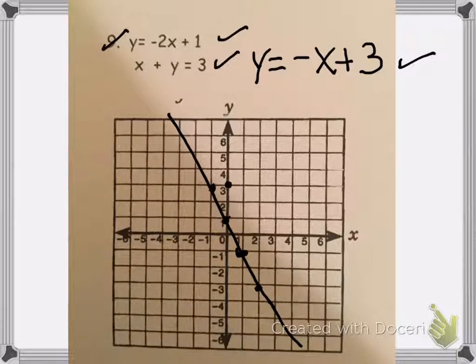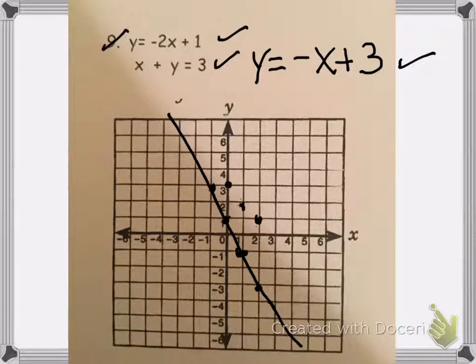So I'm going to go down 1, right 1, and put a point. And down 1, right 1.